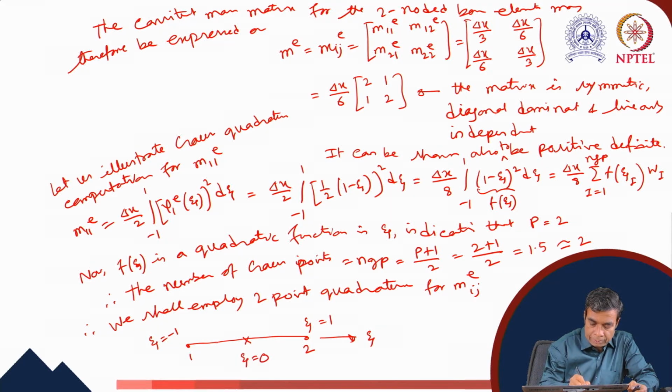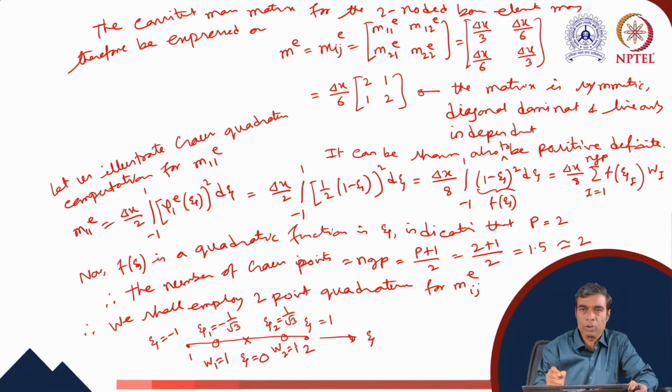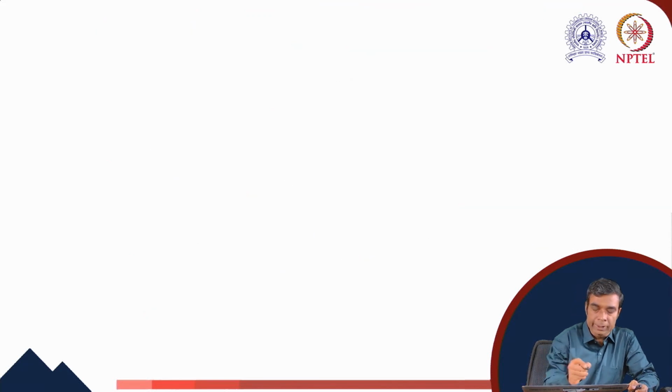Now, our Gauss points are xi 1 equals minus 1 by root 3 and xi 2 equals 1 by root 3. Our w1 equals 1 and w2 equals also 1. So our integrand was delta x by 8 into summation of f(xi_i) w_i, where i is varying from 1 to ngp.